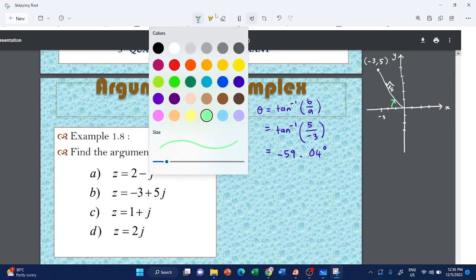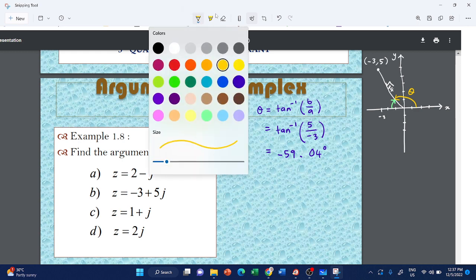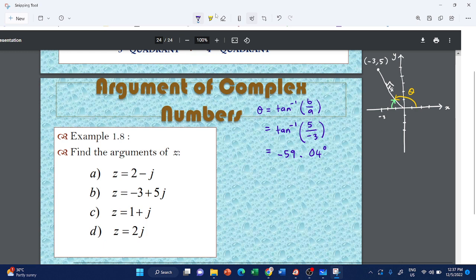So we want this angle. So the green is 59.04. How do we get the equivalent angle for the yellow one? Minus from 180.